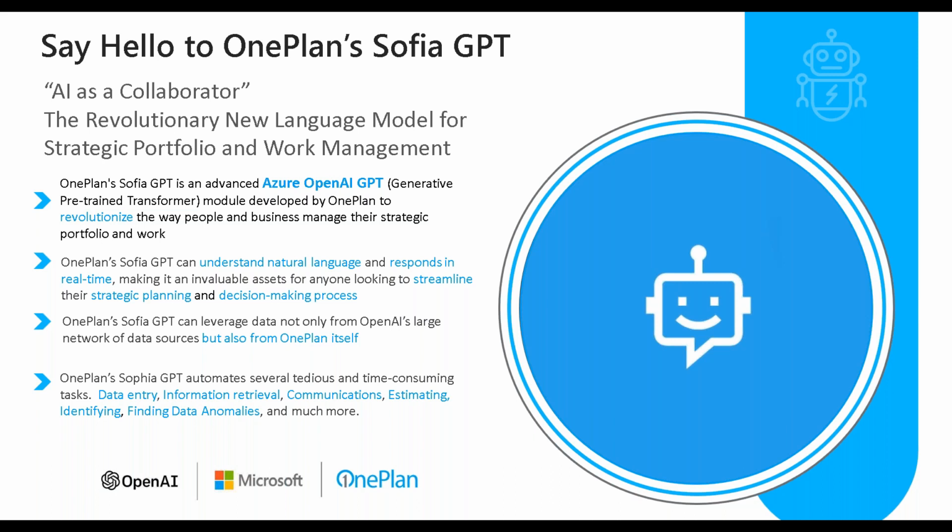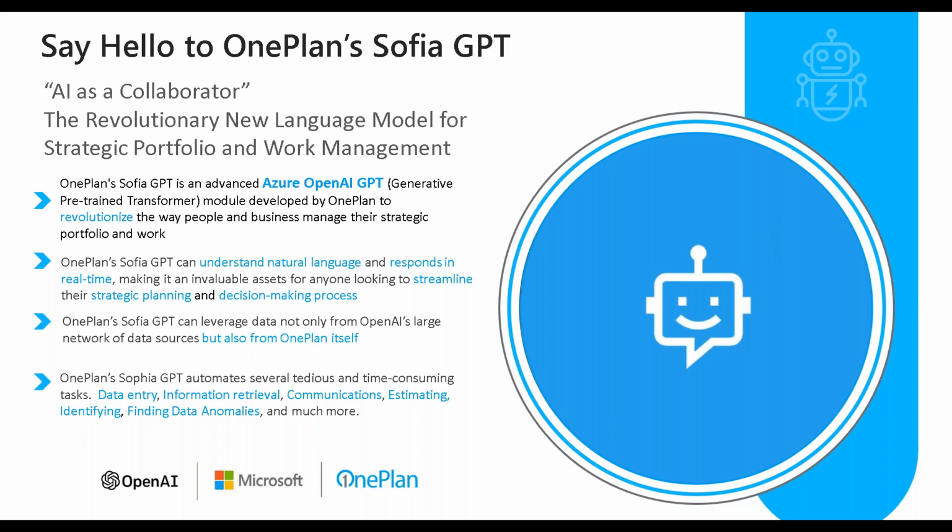Sophia GPT is just like OpenAI GPT, so it understands natural language and responds in real time. We've done a number of webinars already on this, so if you're interested and haven't seen it, please go to our prior webinars on demand to see how we have integrated it. We're focusing on it, as a lot of organizations are, in order to drive value for the different strategic portfolio management roles.